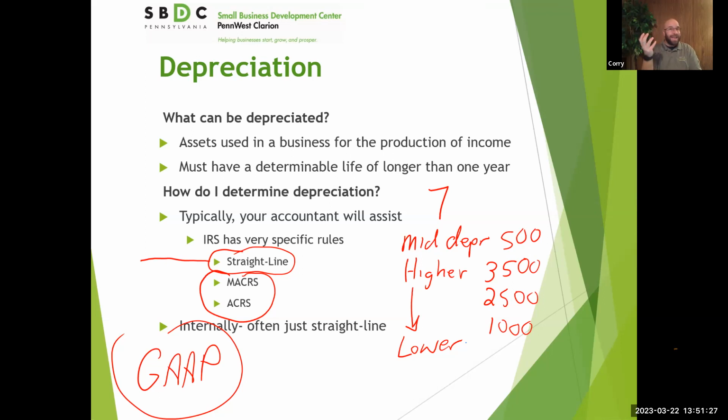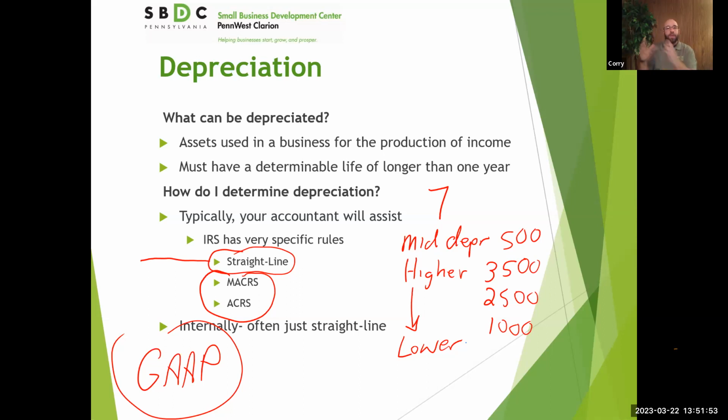When it's done, they ask their accountant to give them what they call a depreciation schedule. That depreciation schedule has a list of all of the assets that the business owns. It has their cost, it has the purchase date, and then over to the right-hand side, it has what their current depreciation is for that year that was just finished, which is 2022.